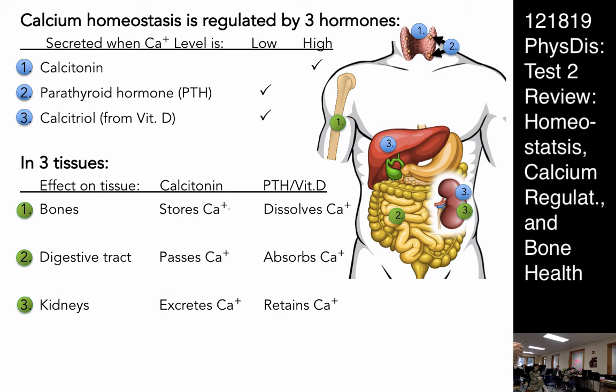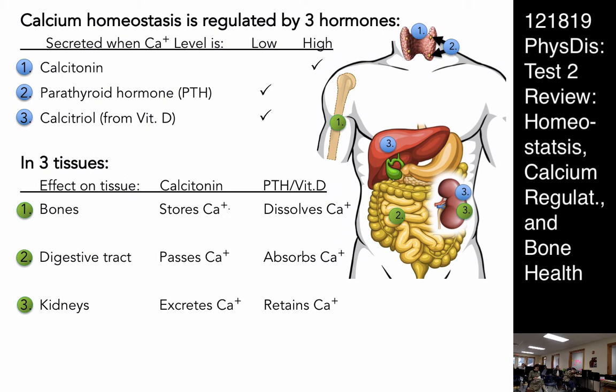So then I went on to talk about the homeostasis of calcium. It's regulated by 3 hormones that are broken into 2 categories: calcitonin, and then calcitriol and parathyroid hormone.